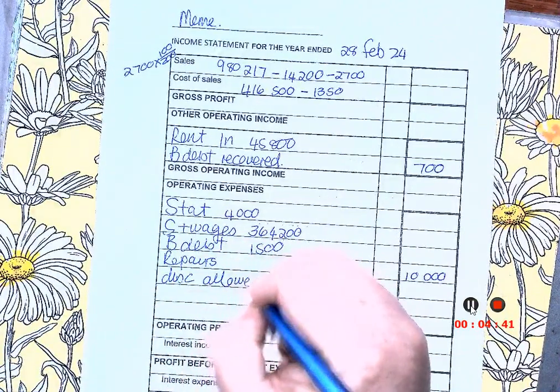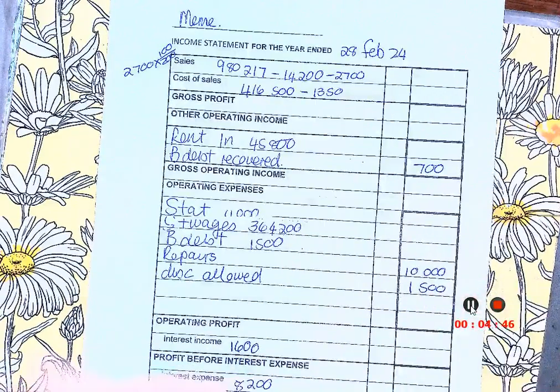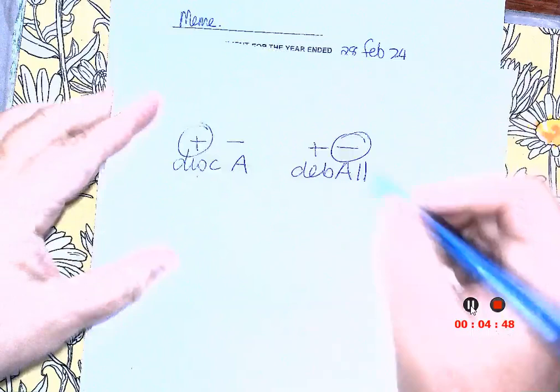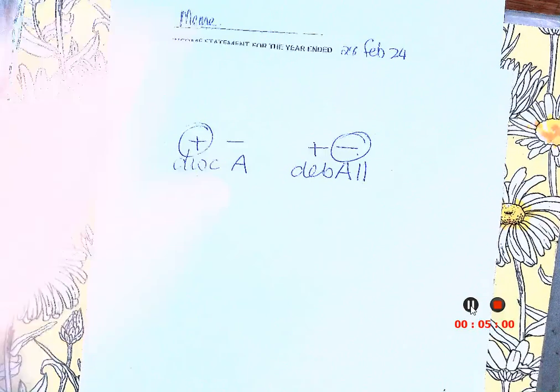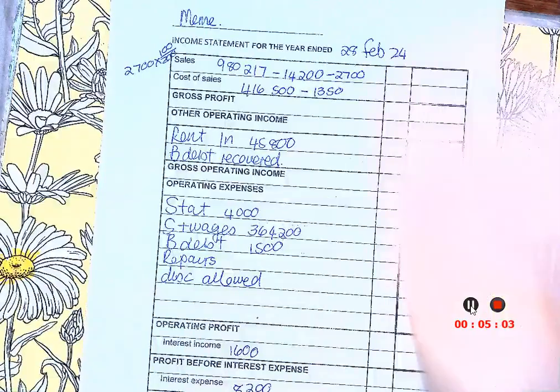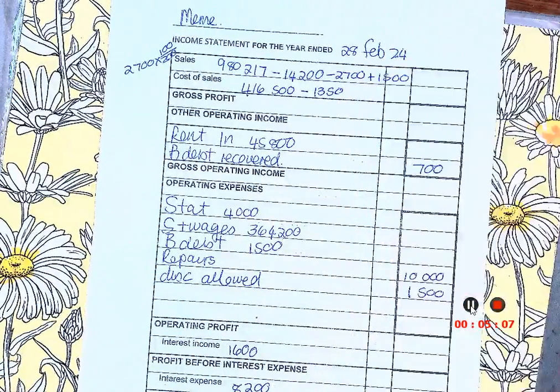1,005. But now, with the debtor's allowance, remember, debtor's allowance works opposite to sales. If debtor's allowance increases, sales decrease. If debtor's allowance decreases, sales increase. So I'm going to add it to my sales. Okay.